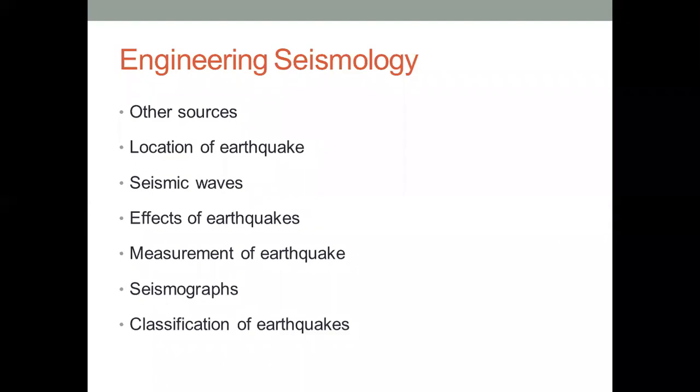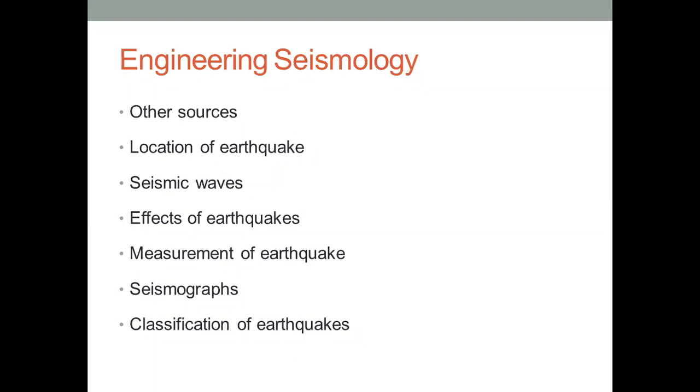So seismic waves will be generated. There are 2 types of waves: body waves and surface waves. Body waves travel inside the earth only, and the surface waves, some of the secondary waves, travel at the surface of the crust. Its behavior will be a little different from the body waves.